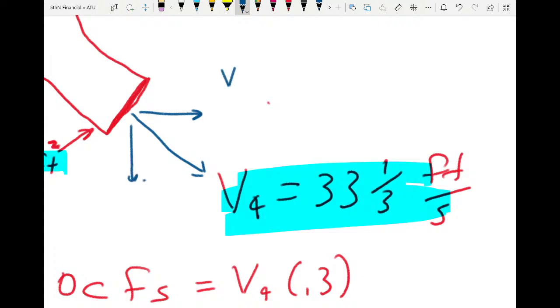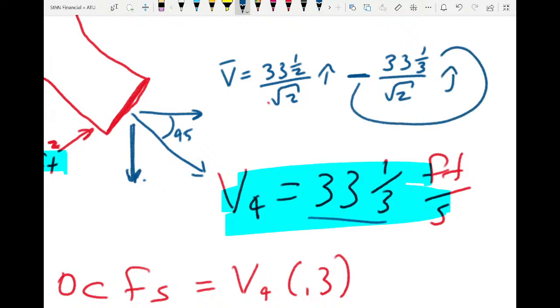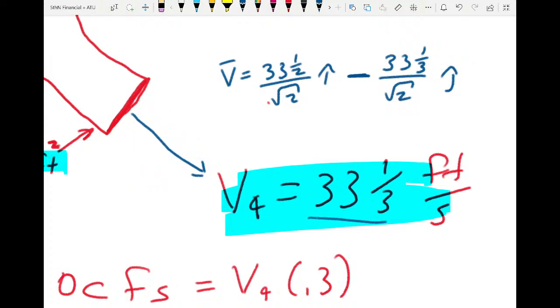So actually, if I want to write this as a vector, it would be this number over square root of 2. Why? Because it's 45. And it's going to the right, but going down. So this vector going down in the negative, in the opposite direction. Looks like that.